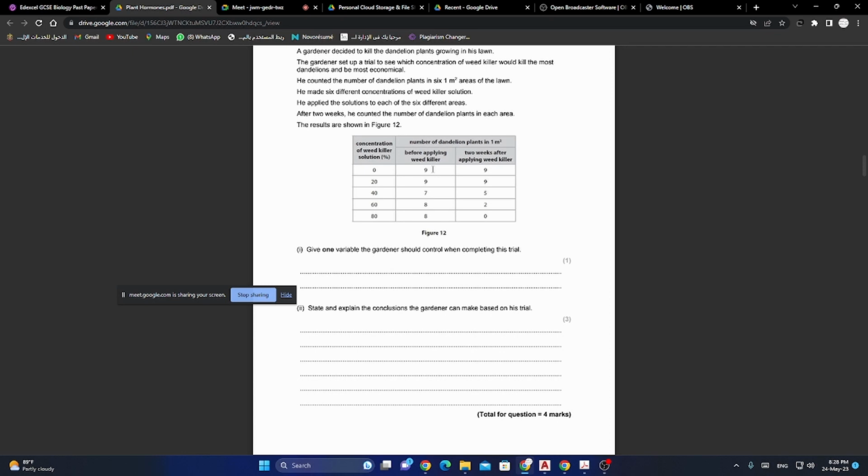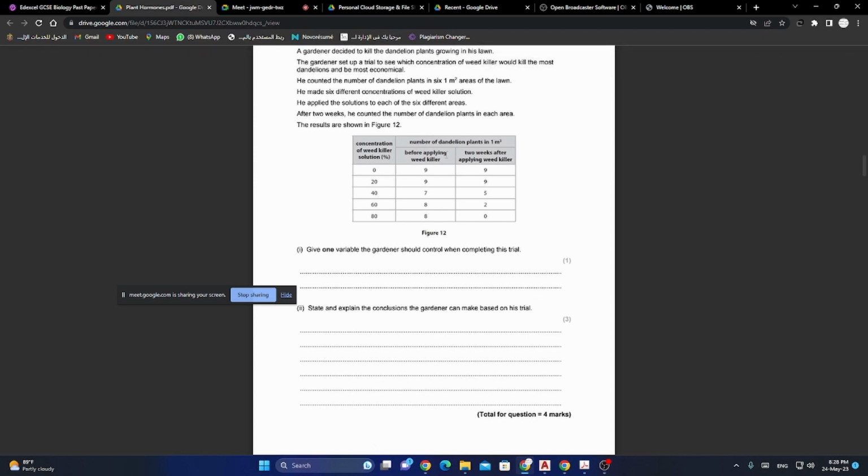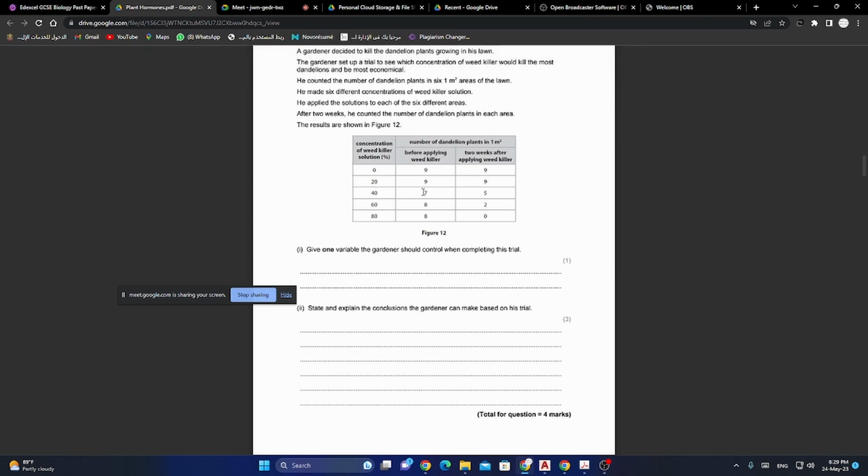Okay, so in this case, the best thing, first you can say that at concentration between 0% and 20%, the number of dandelion plants before is going to be equal to after, right? Then at concentration 40%, two out of the seven dandelion plants were killed, right?